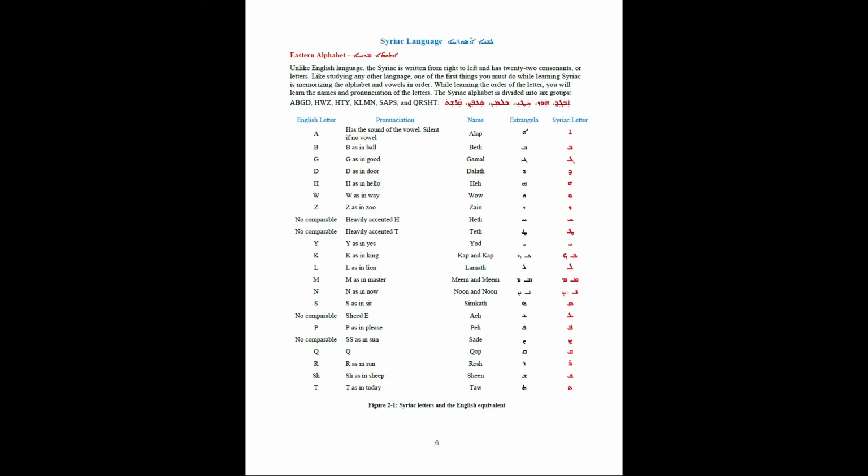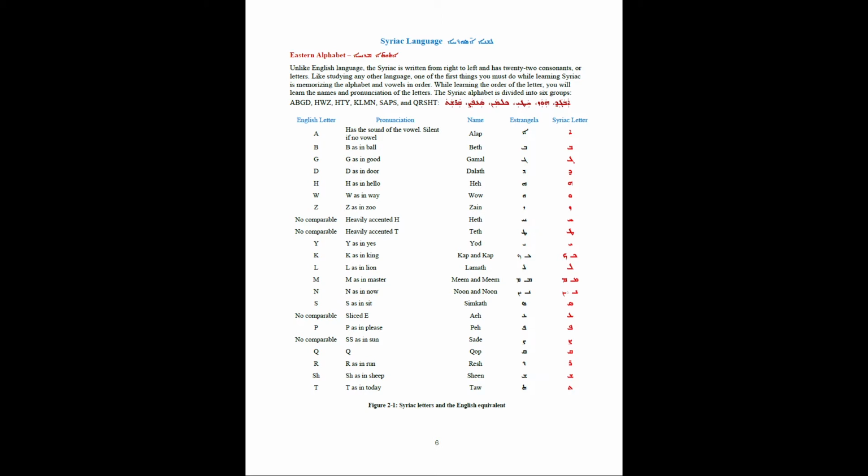This is just an introduction to the letters in the Eastern Dialect. As you see here, I have two columns for Syriac and Estrangelo. Sometimes we call it Estrangelo, sometimes Estrangelo; both of them refer to the same meaning.